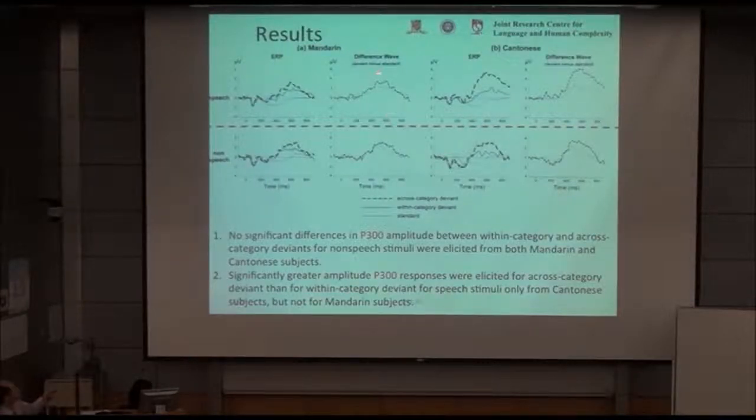And the other one is the ERP difference between the cross-category deviant versus the standard. So this is called a difference wave. And we do the same thing for the Cantonese subjects.